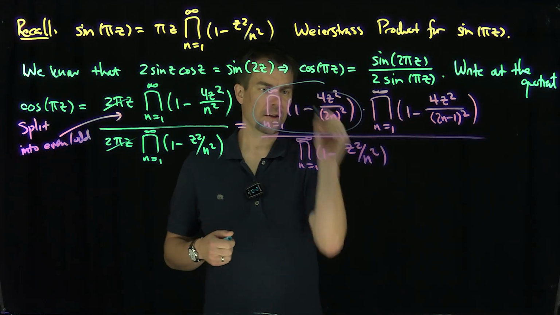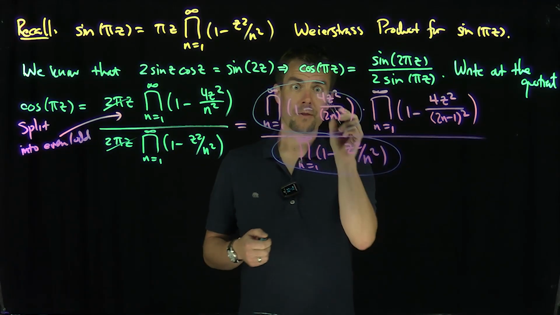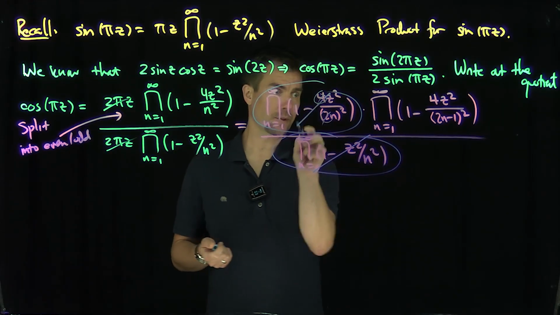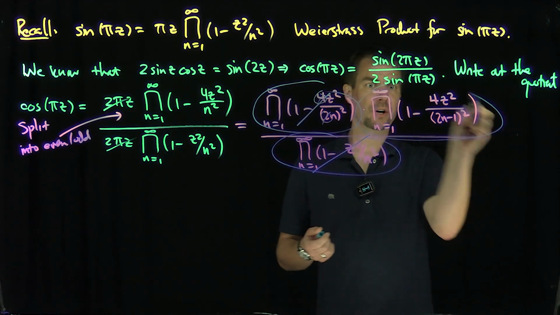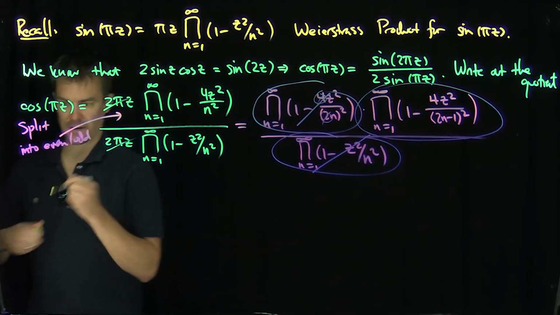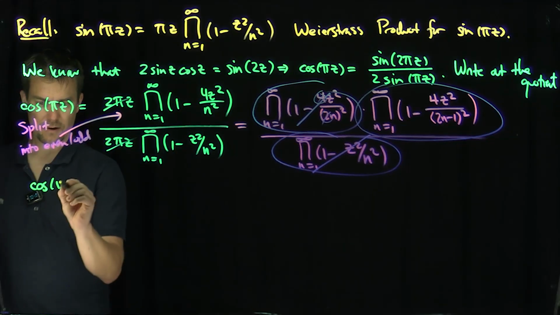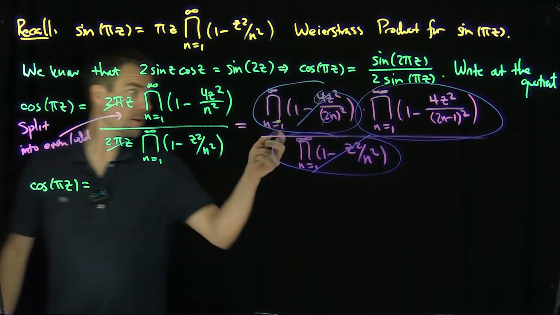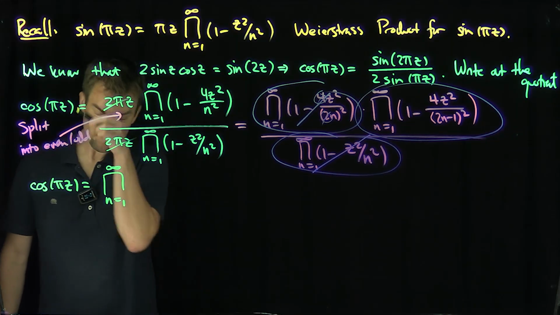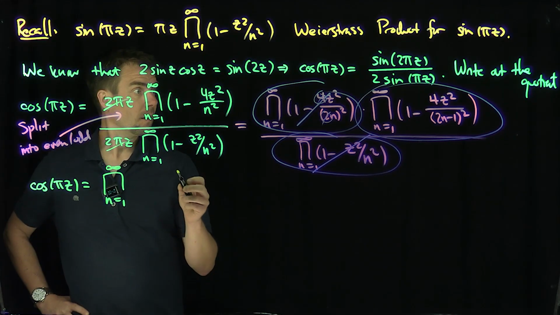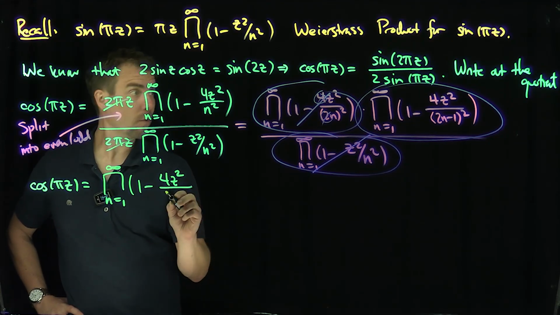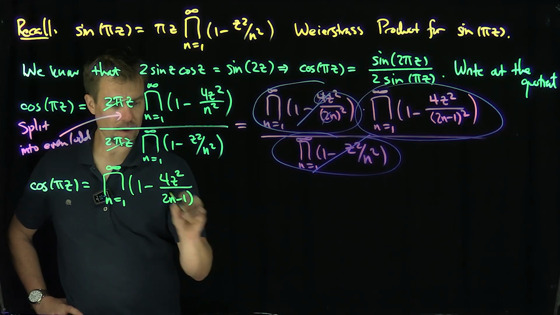But now look, beautiful. This expression and this expression are the same. There's a 4 over here and a 4 over here. The 4's cancel and you have z squared over n squared. That cancels with that, and all that's left is just this expression. So that's our first result: the cosine of pi z is the product, n goes from 1 to infinity, of 1 minus 4z squared over 2n minus 1 squared.